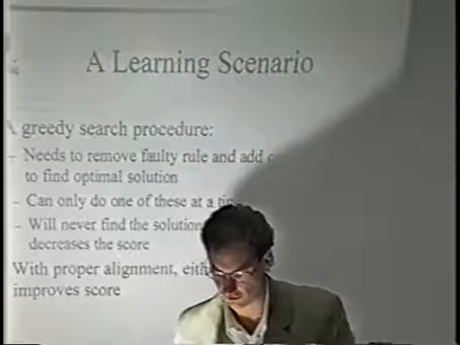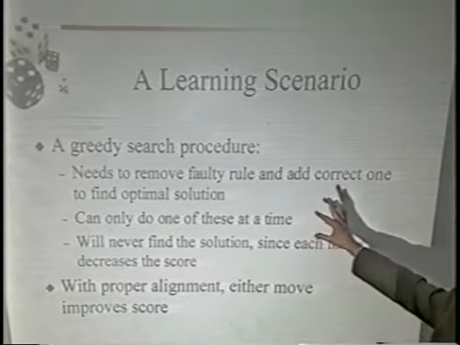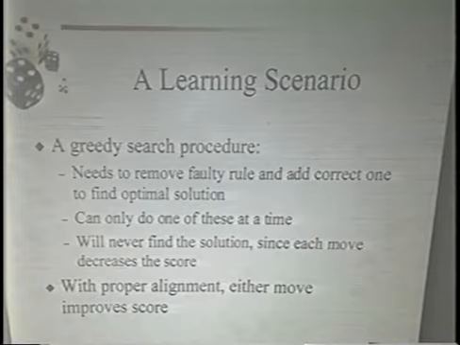A greedy search. Let's say we're trying to learn patterns. And at any iteration, you could add a pattern or you could delete a pattern. Right? So here, what you really want to do is add a pattern that generates the right output, and delete the pattern that generates the wrong output. But if you can only do one of these in an iteration, you're never going to get there.